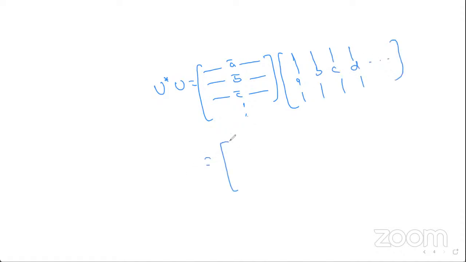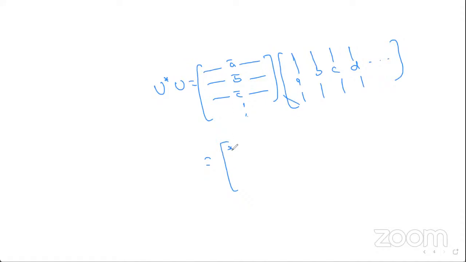What will be the first element of this? Can someone tell me? How do you do matrix multiplication? You multiply the row of the first matrix with the column of the second. So if you multiply this entire row with this entire column, that gives you the first element.